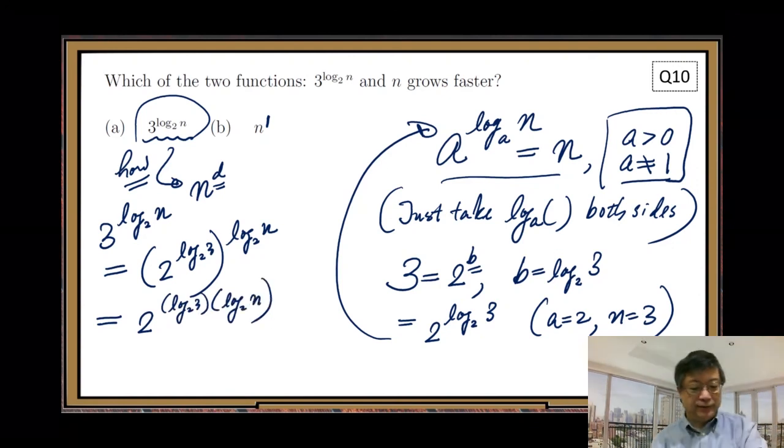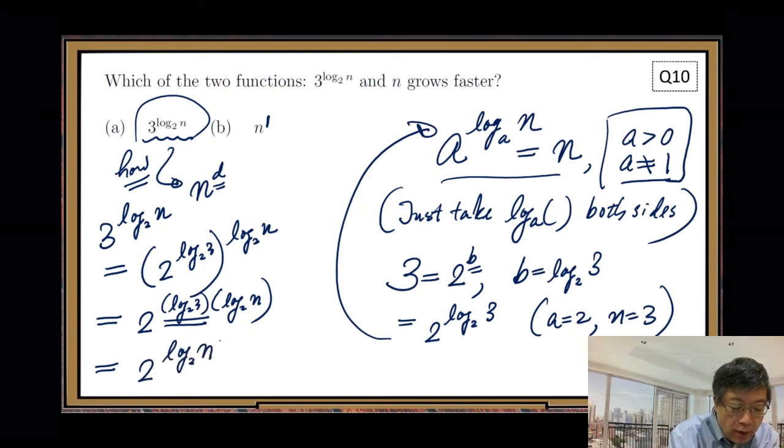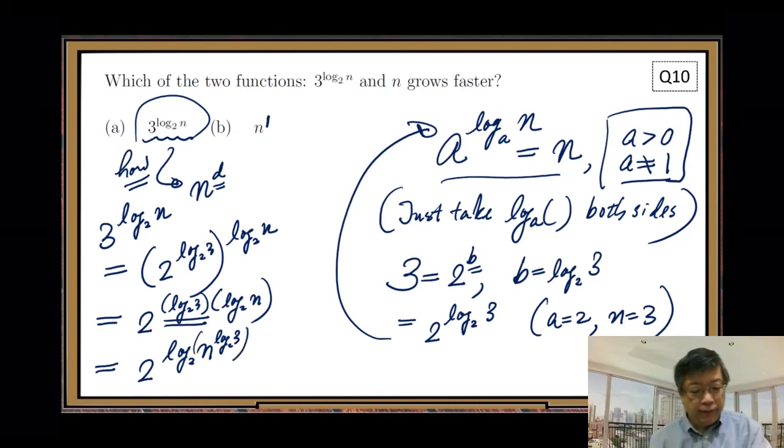And this log base 2 of 3 is a constant, so we can use another property of log: we put that constant at the exponent of n, the power of n function.